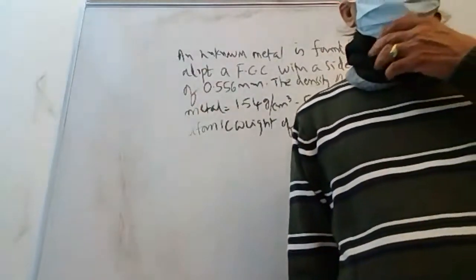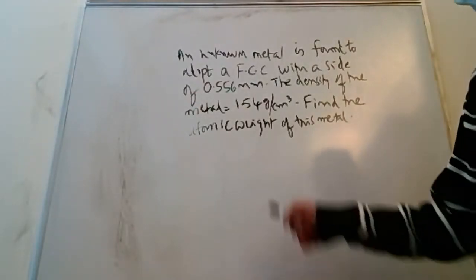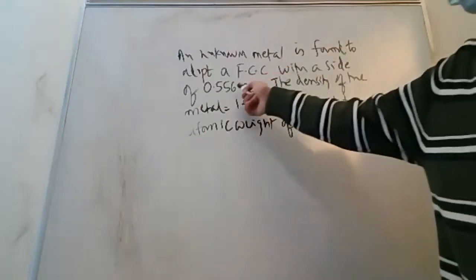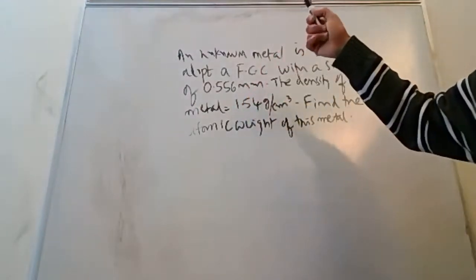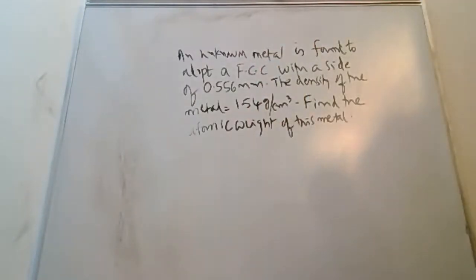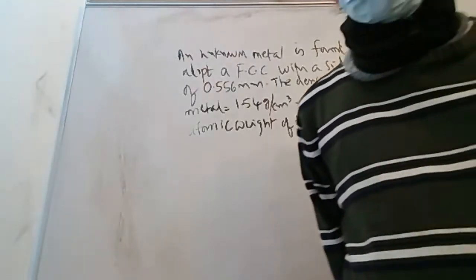Any thoughts from the class? We know the density, we know the side, and we also know that this is a face-centered cubic. So how do we approach solving this problem? Should we find the volume of the cube first? Wonderful. So what do we do with the volume of the cube then?